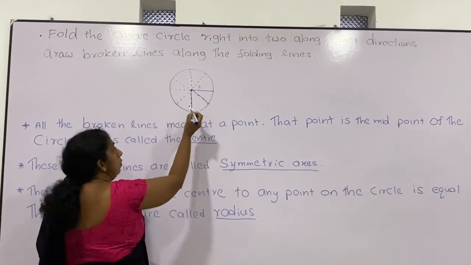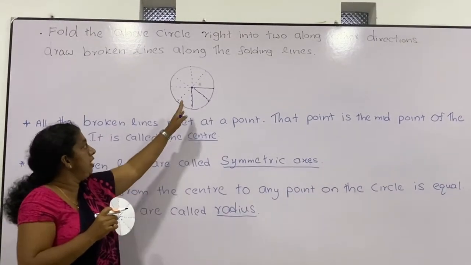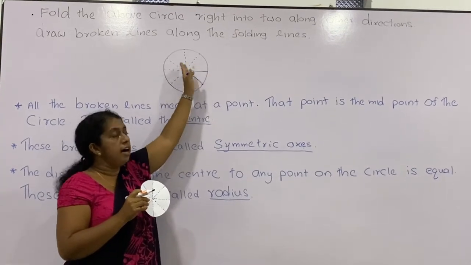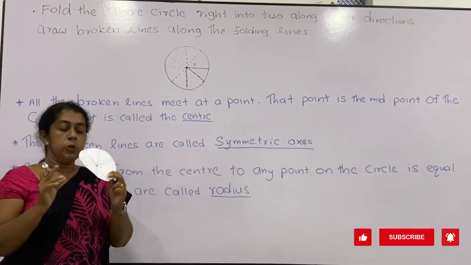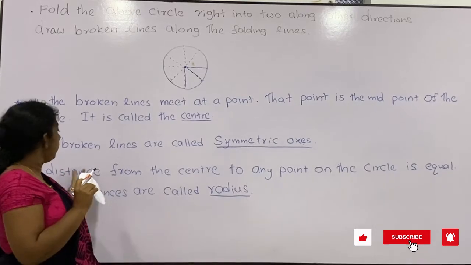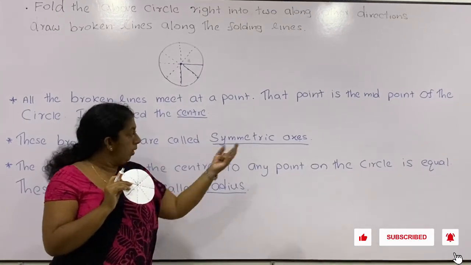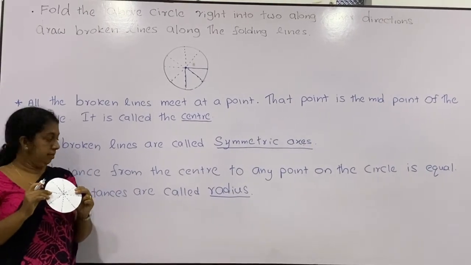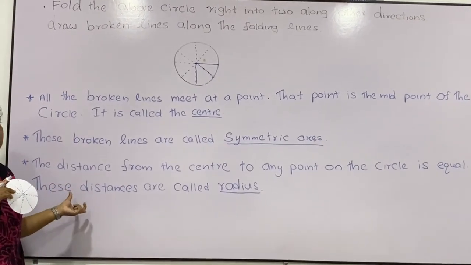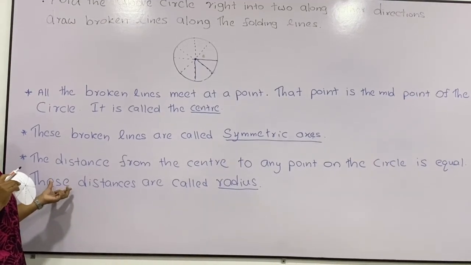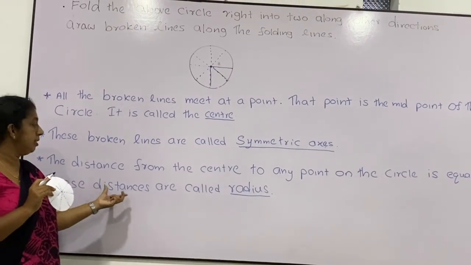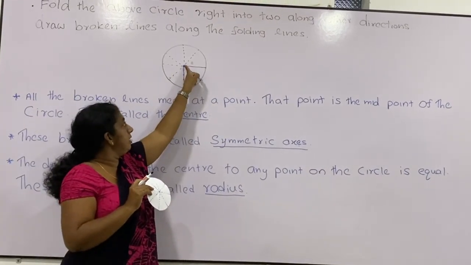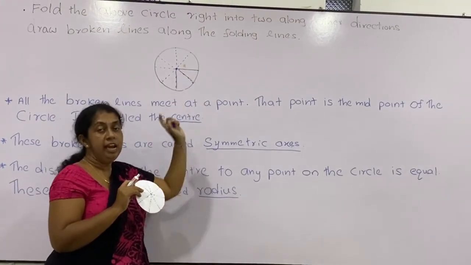Okay. When you measure these distances using a ruler, you will see all the distances are the same in length. So we can say the distance from the center to any point on the circle is equal. And there is a special name for that distance. These distances are called the radius. Okay. So this distance is known as the radius.